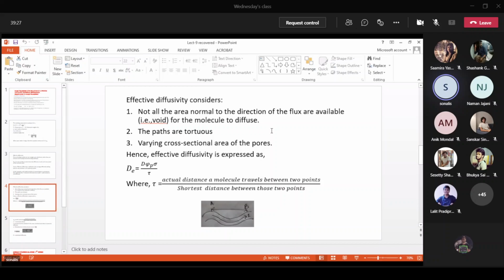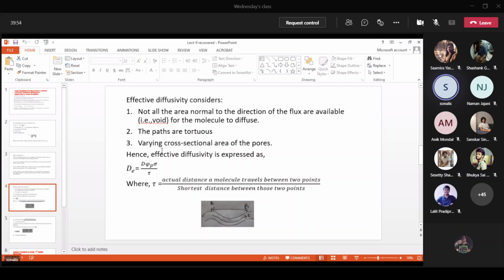So not all the area normal to the direction of the flux is available for the molecule to diffuse. The paths are tortuous, bent, with different dimensions and varying cross-sectional area of the pores. In a single pore only, you will get different cross sections at different positions.